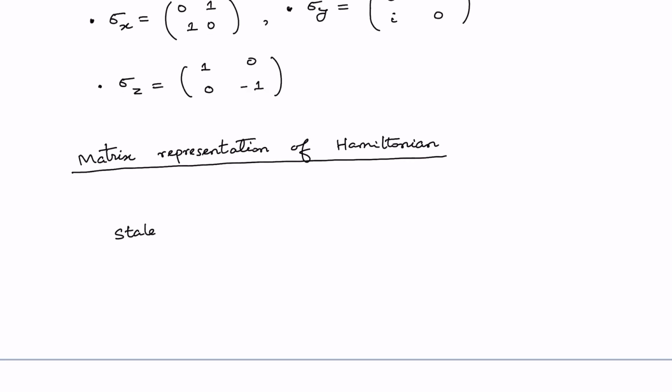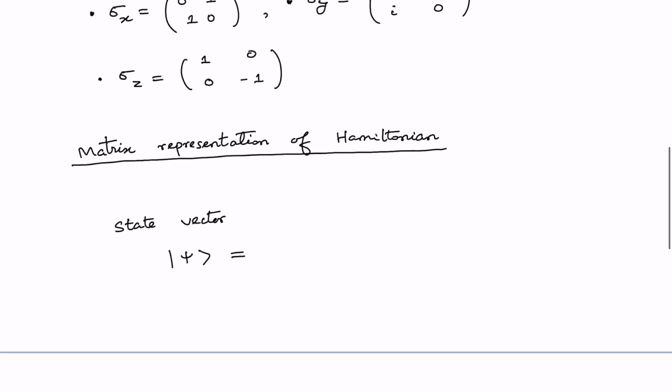You see, the state vector ket psi, which represents an arbitrary state, can always be written as a superposition of the basis states or the eigenstates.